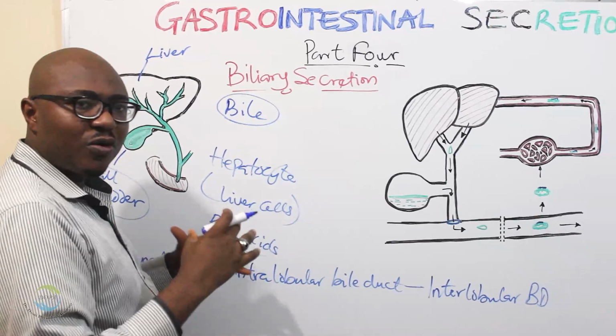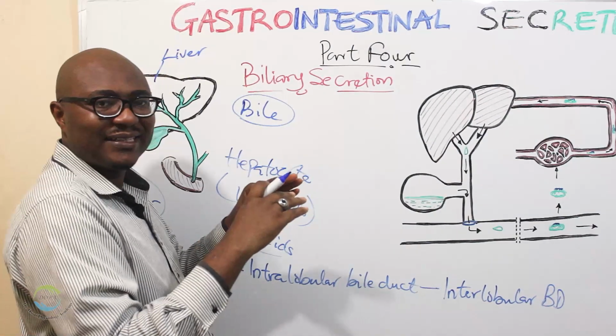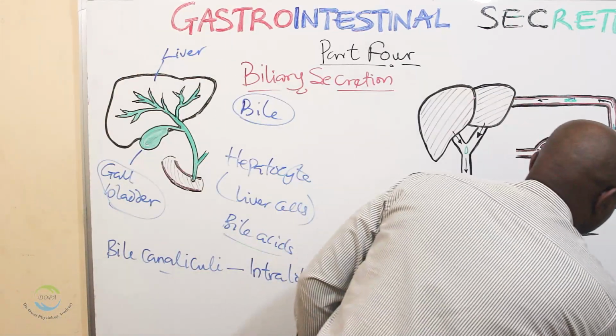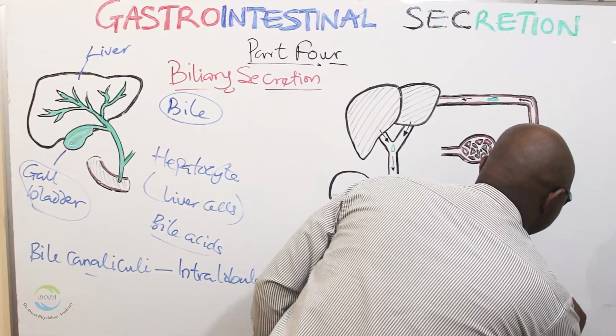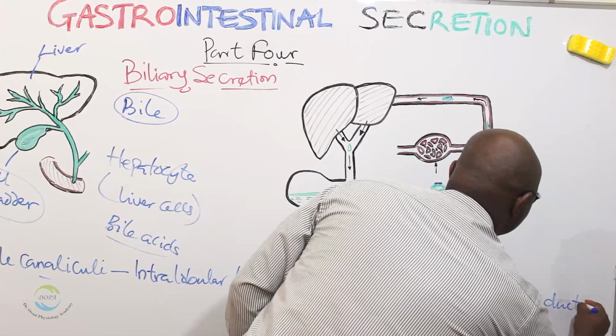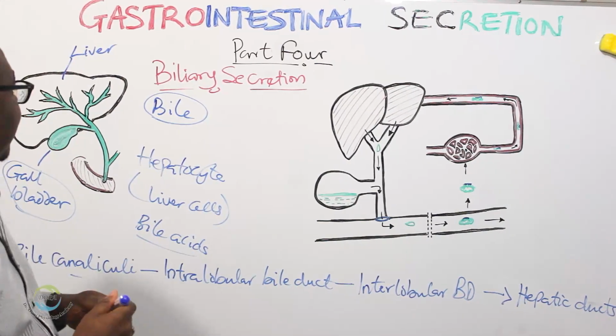So this one also combines again. So interlobular bile ducts now combine to form hepatic ducts. So this is almost the final place.